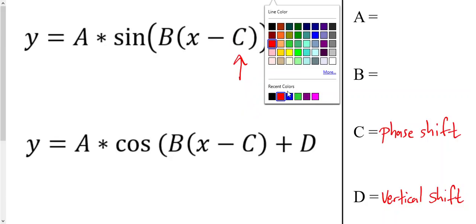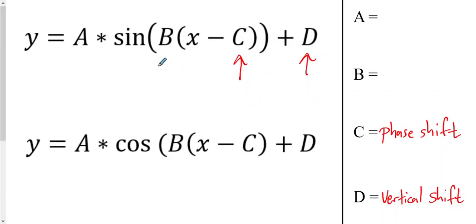2 more things that I'd like to point out. This b value actually has to do with something called the period. All right, now I'm not going to write it over here, because the period is actually a different number p, and this b is related to the period like so. But we're going to get into that in the next video.